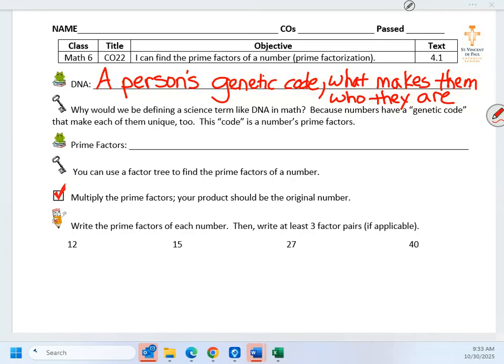Why would we be defining a science term like DNA in math? Because numbers have a genetic code that make each of them unique too.